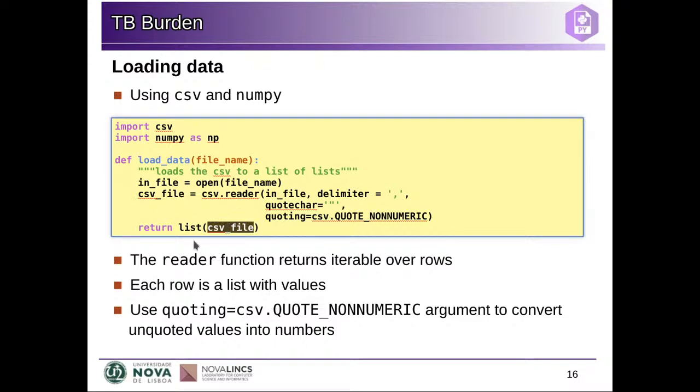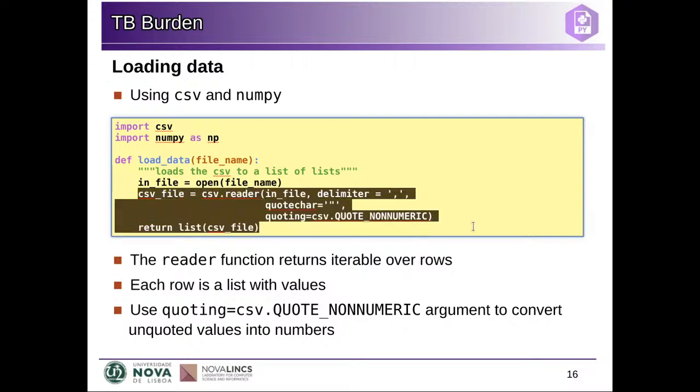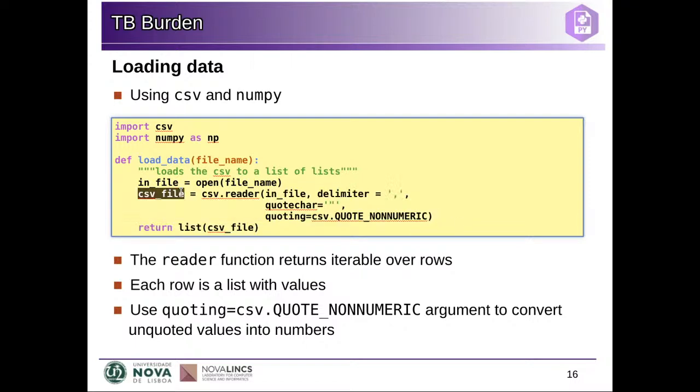So in this instruction here, we obtain this object that allows us to go through the CSV file row by row, doing all the necessary conversions. But with this instruction, we just go through the whole file and create a list. This is useful if the file can be stored in memory. If you have a very large CSV file that cannot fit in memory, then you shouldn't do this.